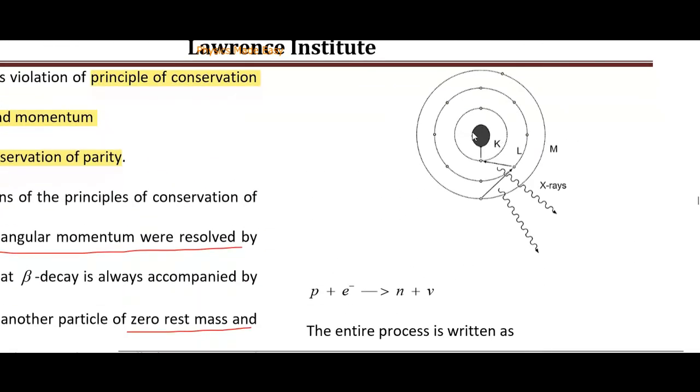For example, this is the nuclei. There are a large number of protons and this electron is now revolving around the nuclei, and the nuclei is heavy nuclei. This condition is a must for this phenomenon to take place. It's a heavy nuclei.